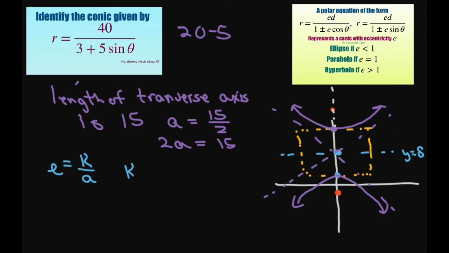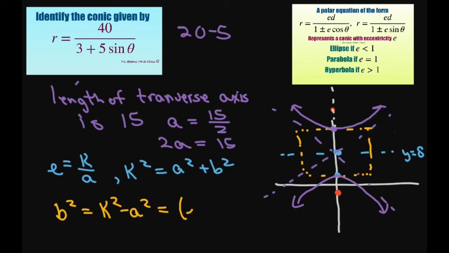So therefore we have c squared also equals a squared plus b squared. And again, I'm just doing a little extra work here. You don't have to do that. You can stop. But then that means our b squared is going to equal c squared minus a squared. And our c, we can write this as e a, so b squared is e a squared minus a squared, or factoring out a squared, e squared minus 1.